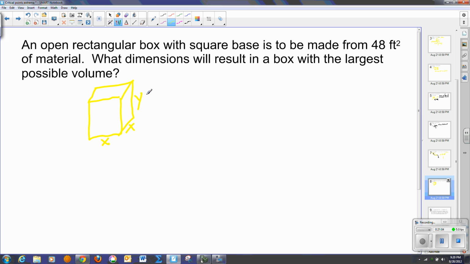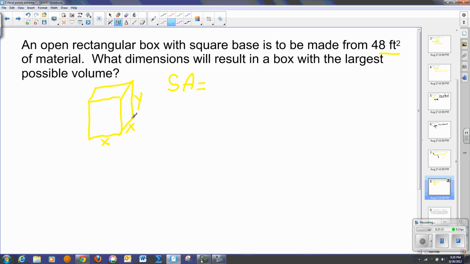And we want to know what the dimensions of the box need to be in order for it to have a maximum volume. The trick is I've got to make it from 48 square feet of material. Well, square feet, we're talking surface area. Surface area talks about, if I were to cover this in wrapping paper, how much paper would I use?